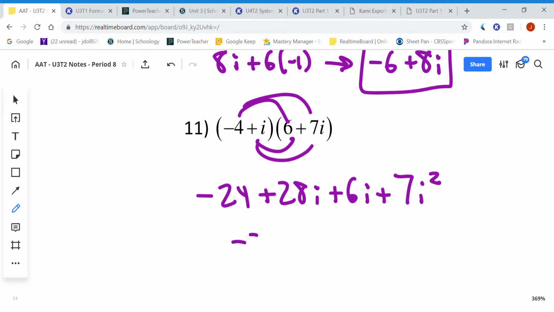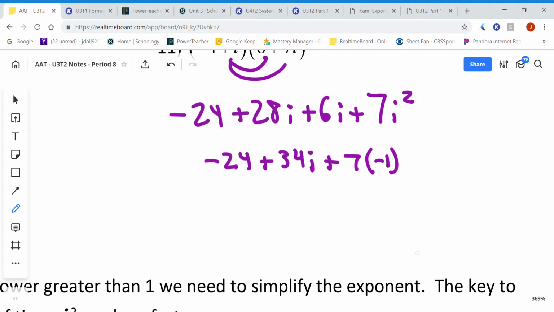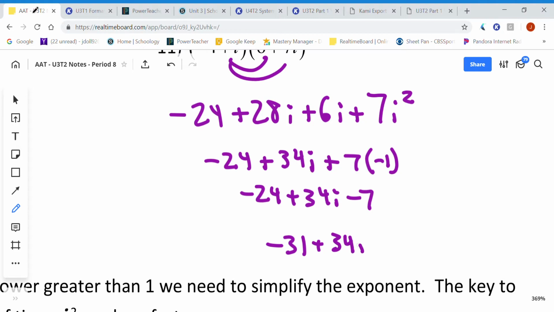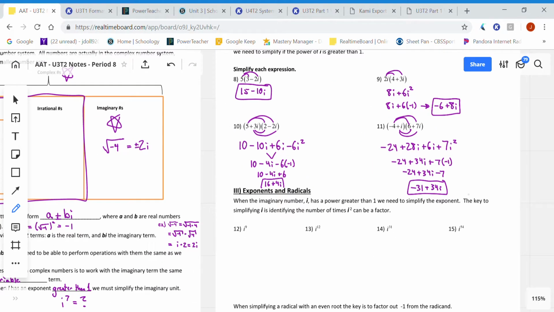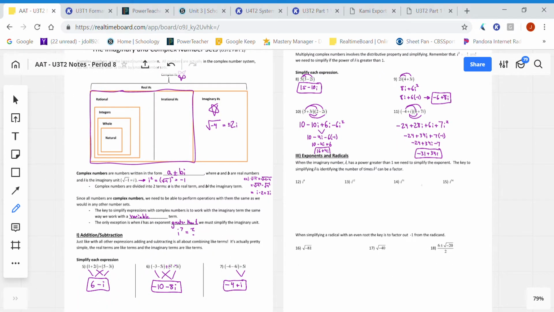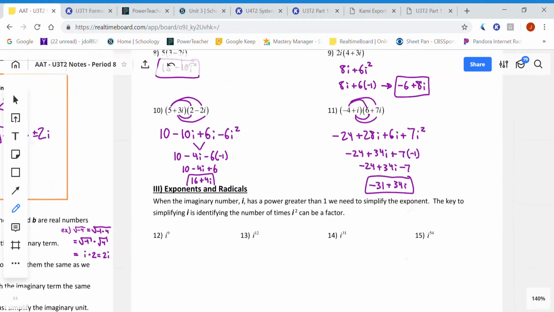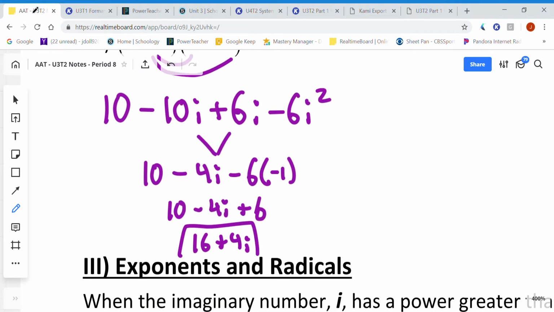Right, so I combine my like terms there, negative 24 plus 34i, change the i squared to a negative 1, simplify that, that's negative 7, so then I have negative 24 plus 34i minus 7, combine my like terms, negative 31 plus 34i. All right, so that's adding, subtracting, and multiplying with our complex and imaginary numbers. Again, other than simplifying the i squared here to negative 1, everything's identical to what we did with variables.